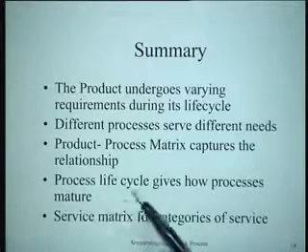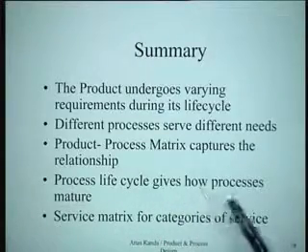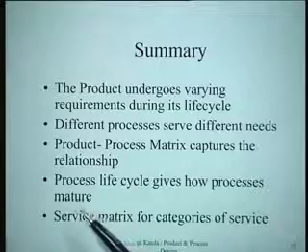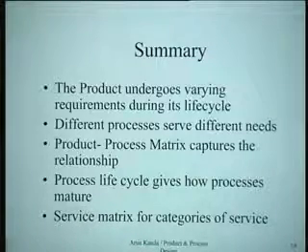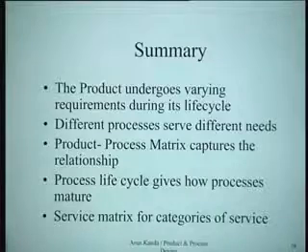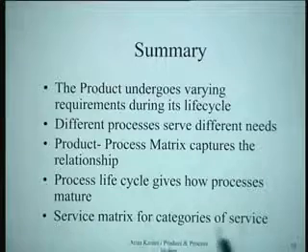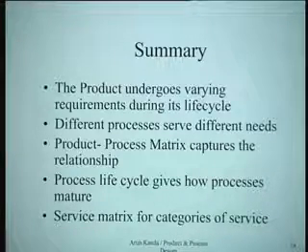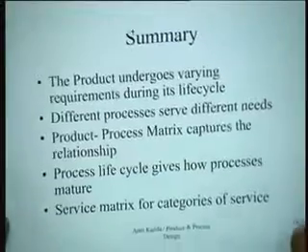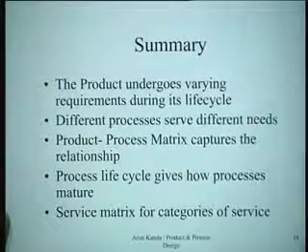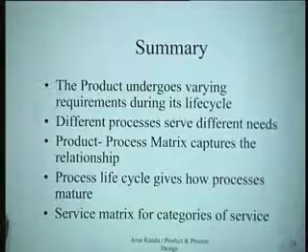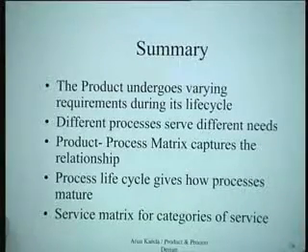Then we looked at the process life cycle, which talks about how processes mature. That means the nature of the process keeps changing depending upon how products have grown. We finally looked at the service matrix for categories of service, meaning thereby that we had different kinds of service depending upon whether it is labor intensive or capital intensive, and then depending upon the element of customer contact.